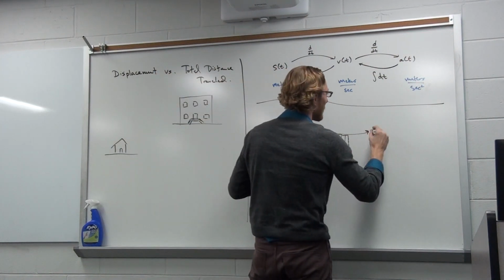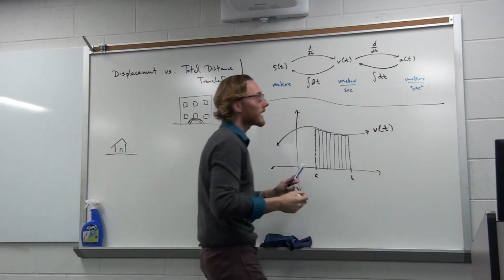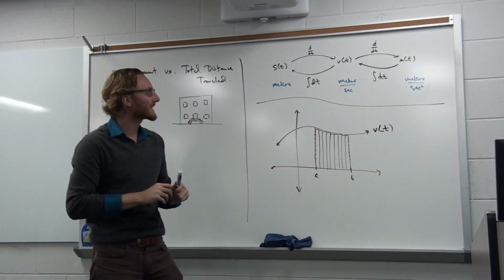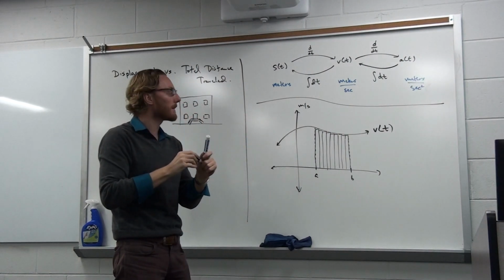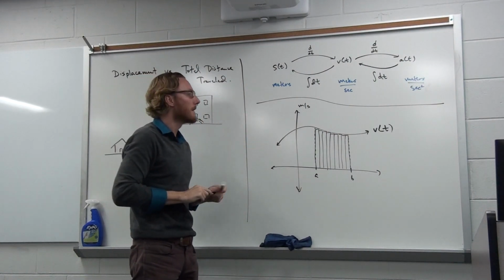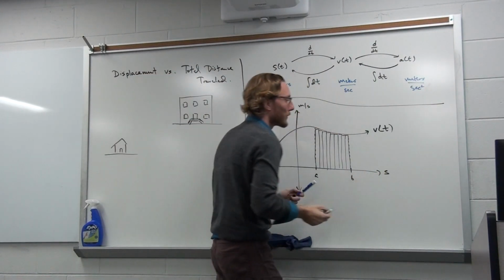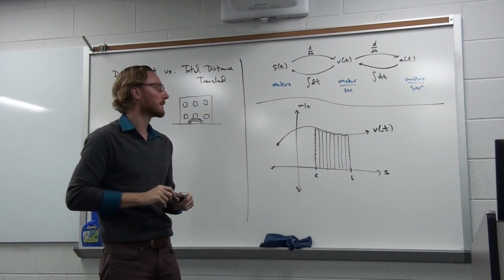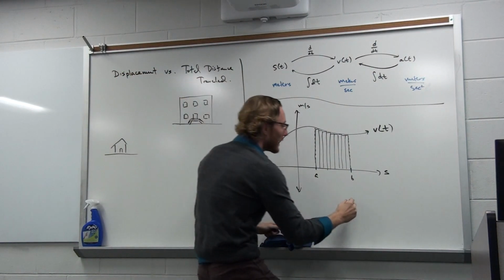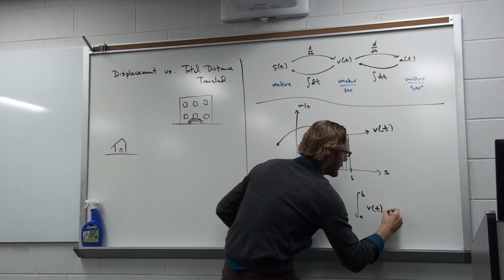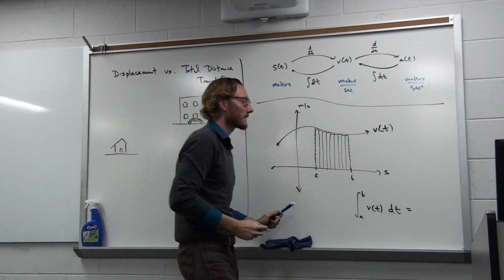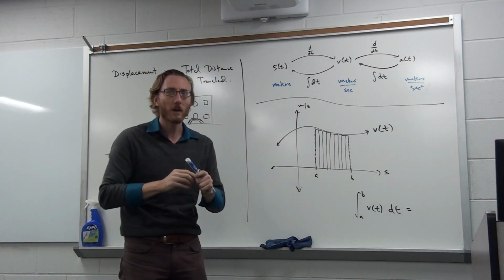Imagine, let's just say this was a velocity function here. Let's say every height of every rectangle was being measured in terms of meters per second, and every horizontal position measured in terms of seconds. Now, you know that you could discuss the area under this function, because you could discuss the area under any function.